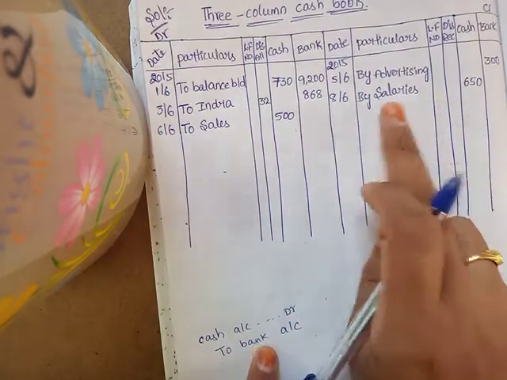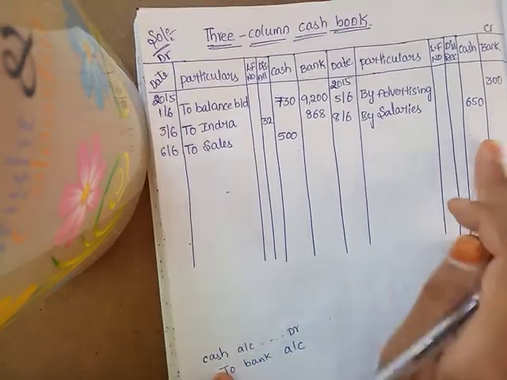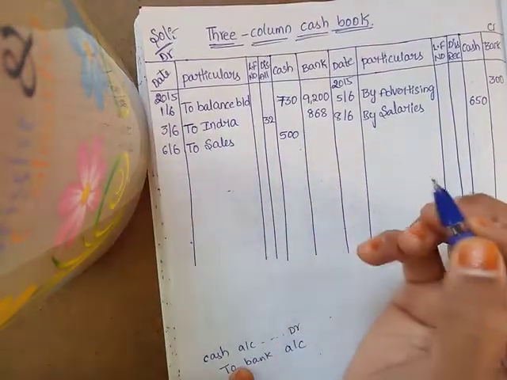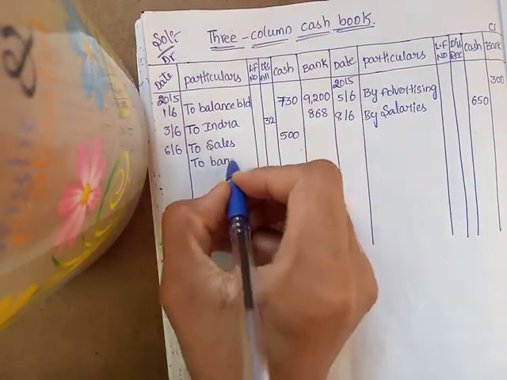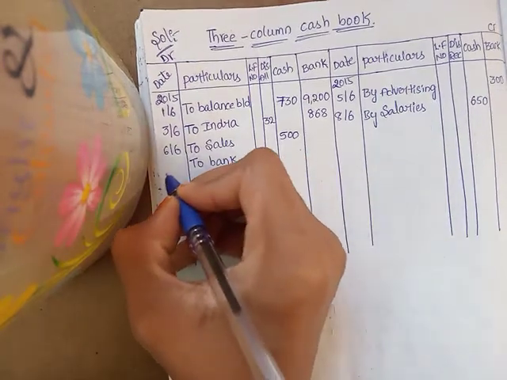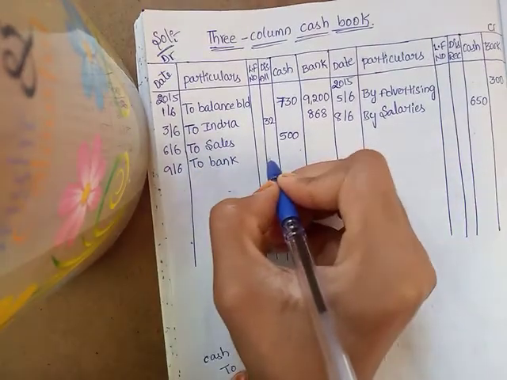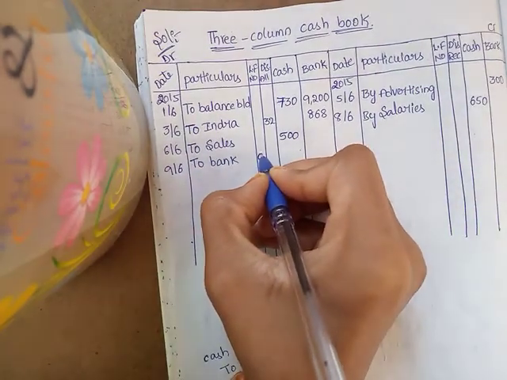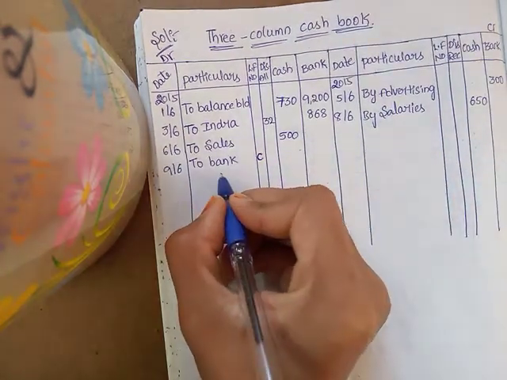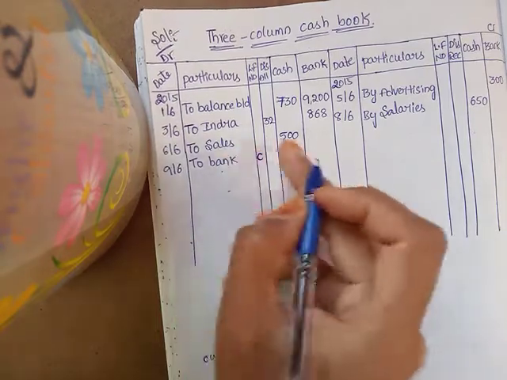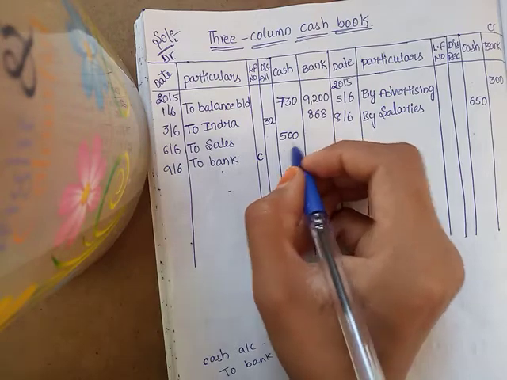On the credit side, by cash, the amount is written in the bank column. So first on the debit side write to bank, 9th June. So see here, this is what a contra entry is. Here we write bank, so the amount is written in the opposite column, that is the cash column. Amount is rupees 800.